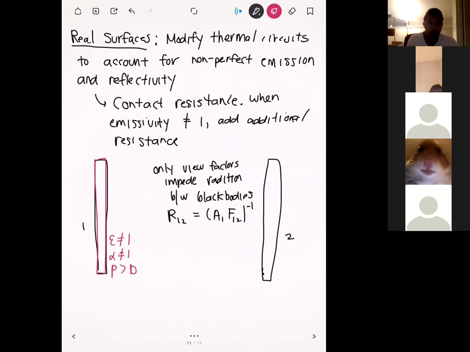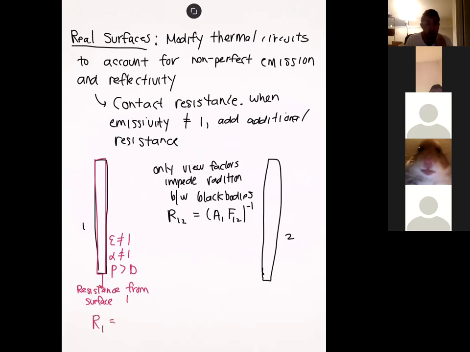And so here on surface 1, we have a real surface. We have an additional resistance from surface 1 right here, and we'll call this simply R1.